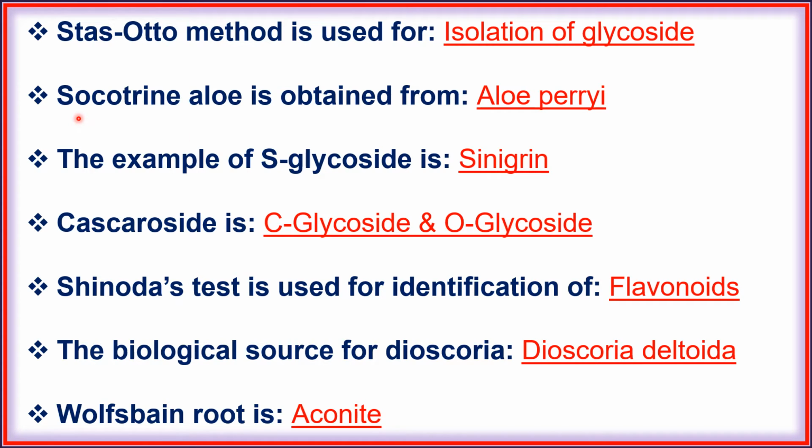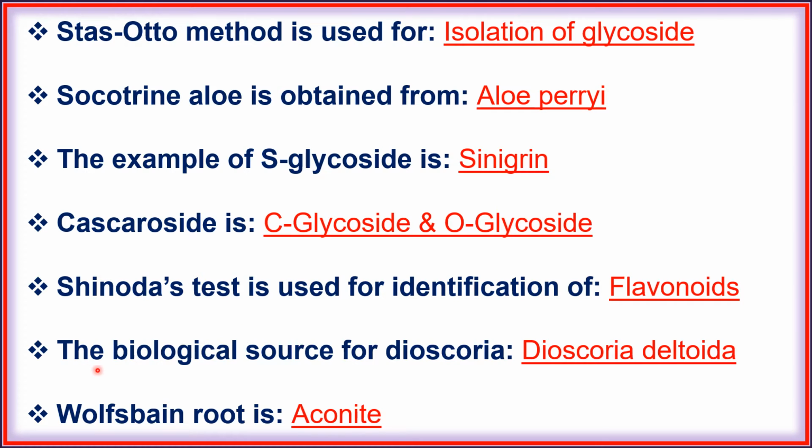Next, socaloin is obtained from aloe. Next, the example of S-glycoside is sinigrin. Next, cascaroside is C-glycoside and O-glycoside. Next, Shinoda test is used for identification of flavonoids.